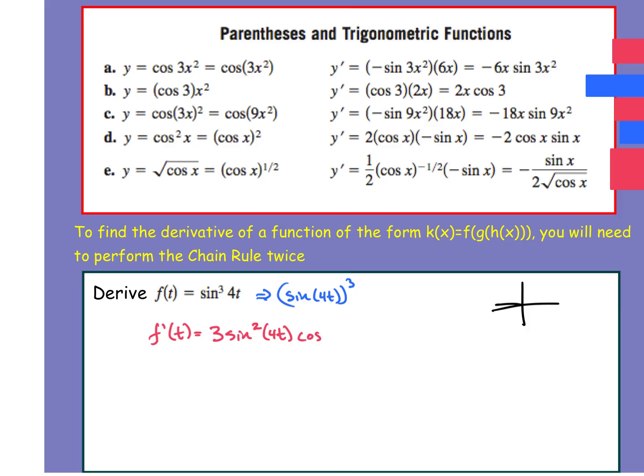Cosine of 4t. And then what pops out by the chain rule? So now I take the derivative of what? 4t, which is 4. And then we just simplify this up a little bit. We got 3 times 4, which is 12 sine squared of 4t times cosine of 4t. And so there is our derivative.